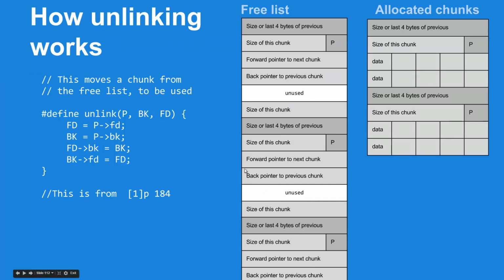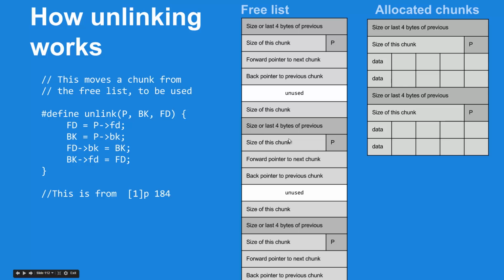Now, here is a set of slides that demonstrates exactly how the malloc process would work. There is a macro that's 4 lines of code that is called the unlink macro. It takes a pointer to a chunk, a backwards pointer that's unused so far, and a forward pointer that's just temporary so far.